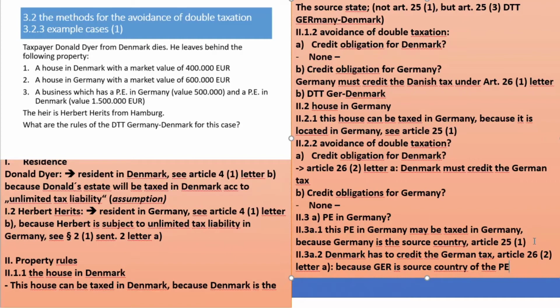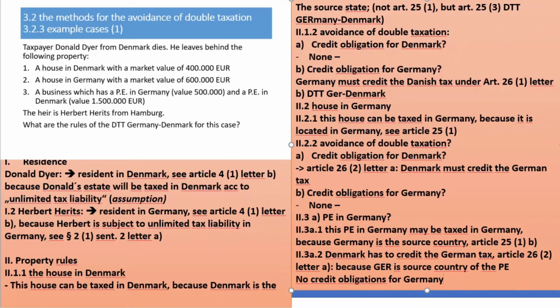By the way, that was 25.1 letter B. No credit obligations for Germany here. Okay, how does it go on?